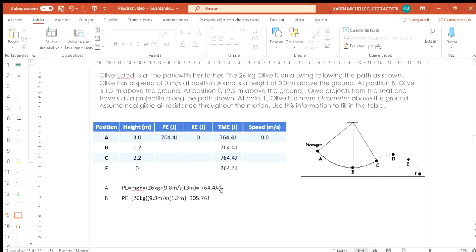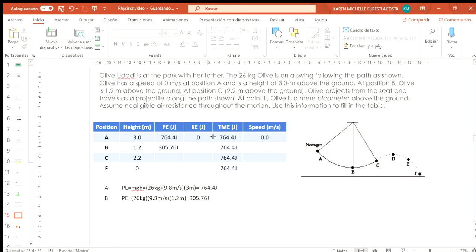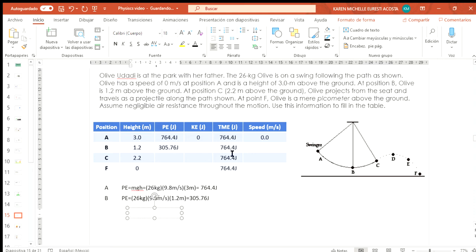Then we can just fill in the chart. Since the formula of total mechanical energy is just the addition of these two, to get the kinetic energy we can just subtract: 764.4 minus 305.76, and we get the kinetic energy.